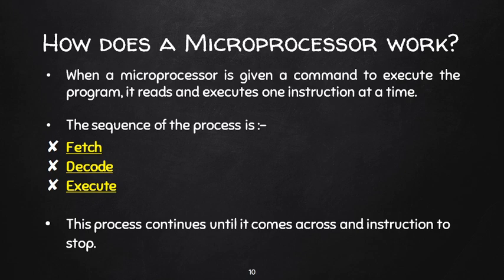The next step is executing the instruction that has been decoded. This is the basic process of working of a microprocessor. The sequence of fetch, decode and execute is continued until the microprocessor comes across an instruction to stop.